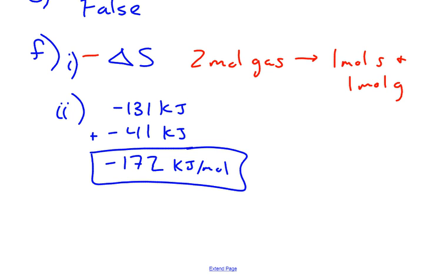Last one. A sealed glass reaction vessel contains only CO and a small amount of C. If a reaction occurs and the temperature is held constant at 298, will the pressure in the reaction vessel increase, decrease, or remain the same over time?